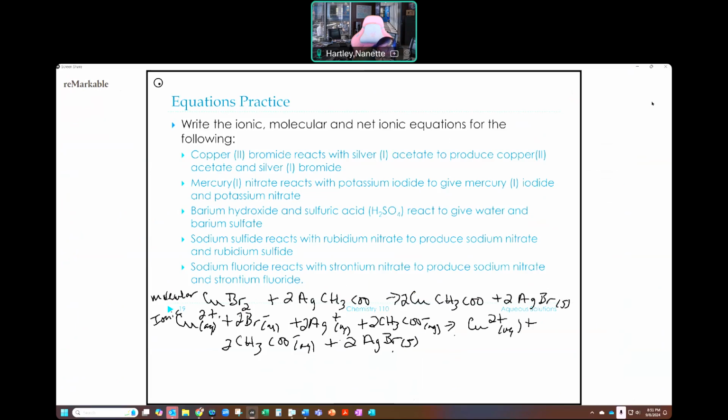And this one should be aqueous, this one should be aqueous, and that one should be aqueous.